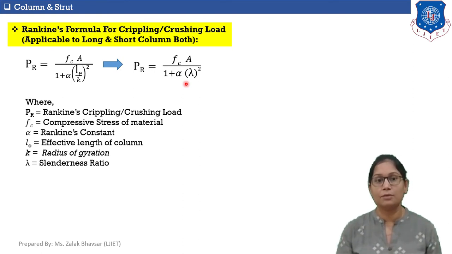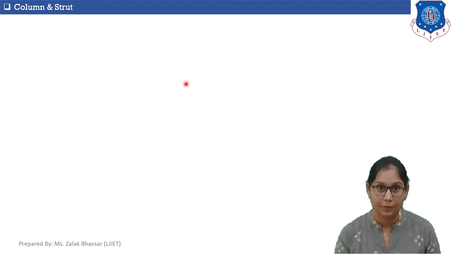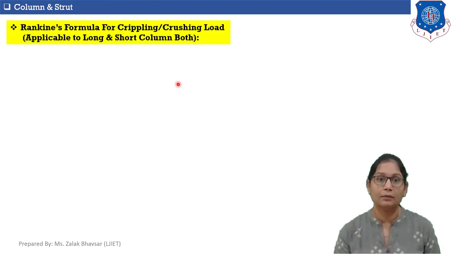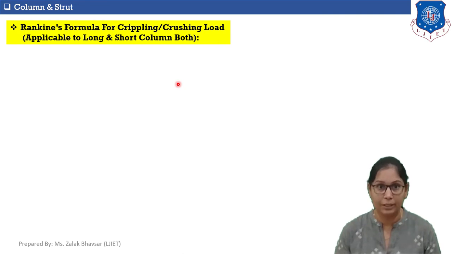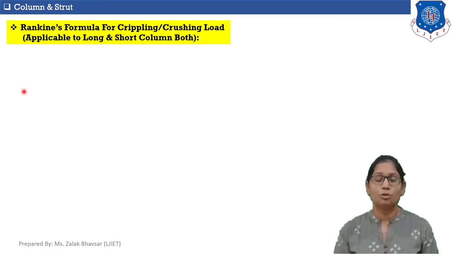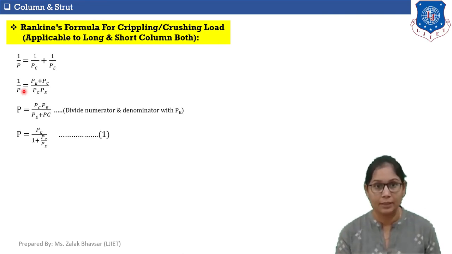Now let's discuss the formula in more detail. Rankine is the name of the scientist who invented this formula, and he gave one empirical relationship between long and short columns. The relation he established for short and long columns both is 1 upon P is equal to 1 upon PC plus 1 upon PE.